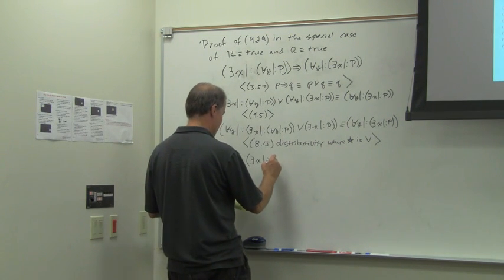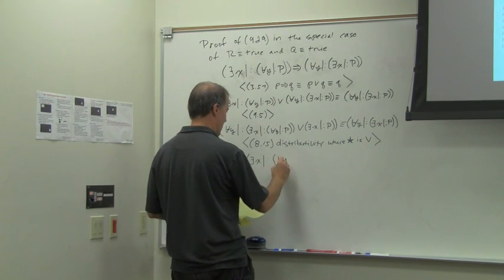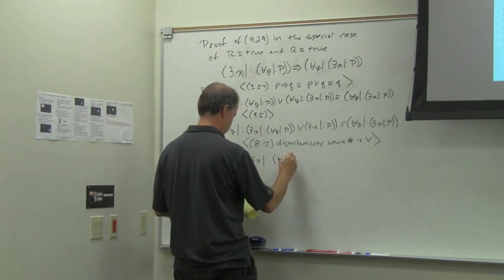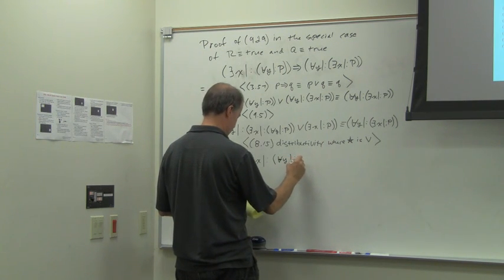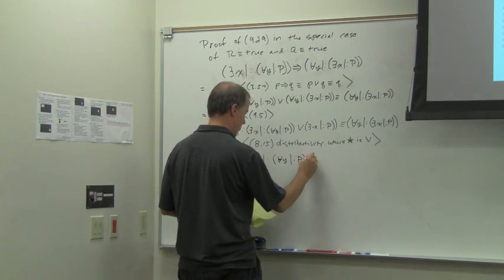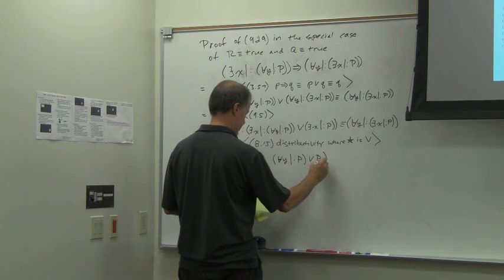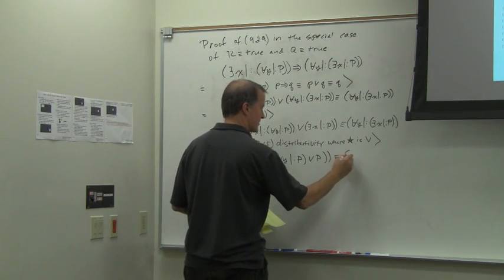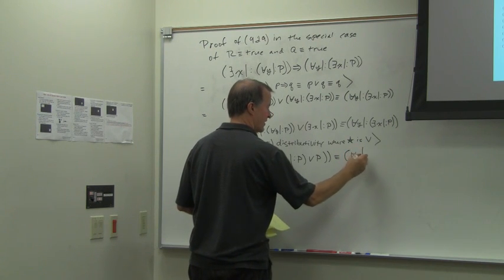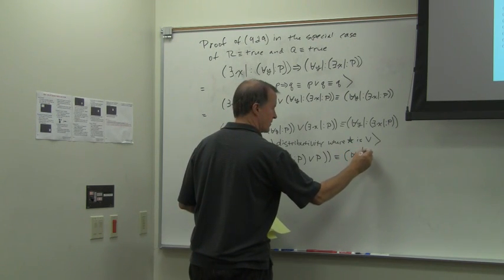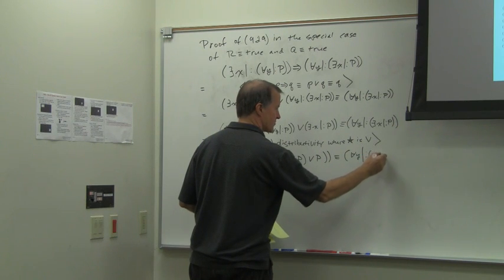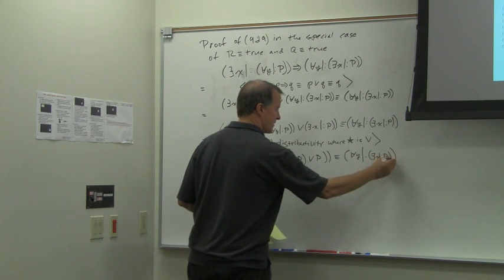So this is for all y, range true, body p or p. Equivalent, blah, blah, blah. Equivalent to for all y, range true, there exists an x, range true, body p. Yeah?